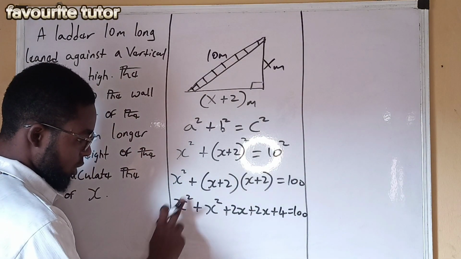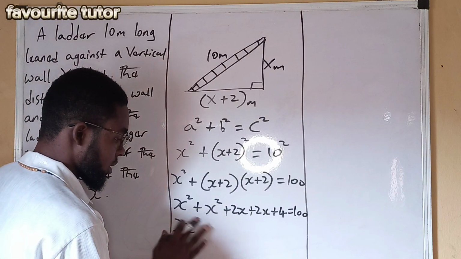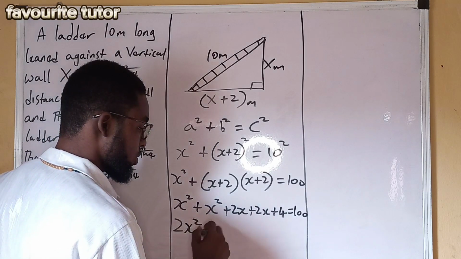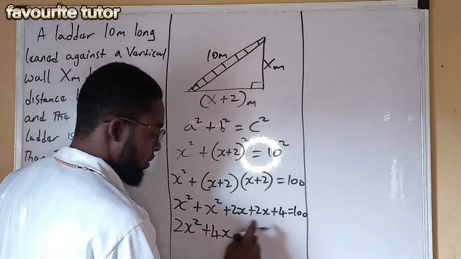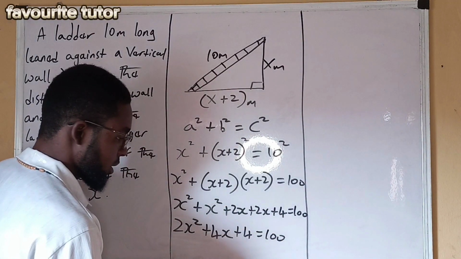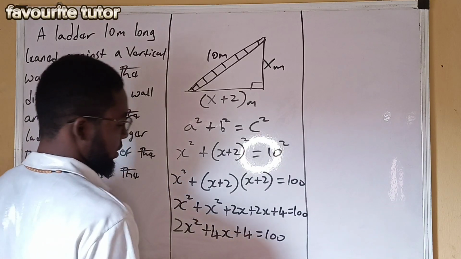All right, x squared plus x squared is 2x squared. Then 2x plus 2x is plus 4x. Then plus 4 equals 100.